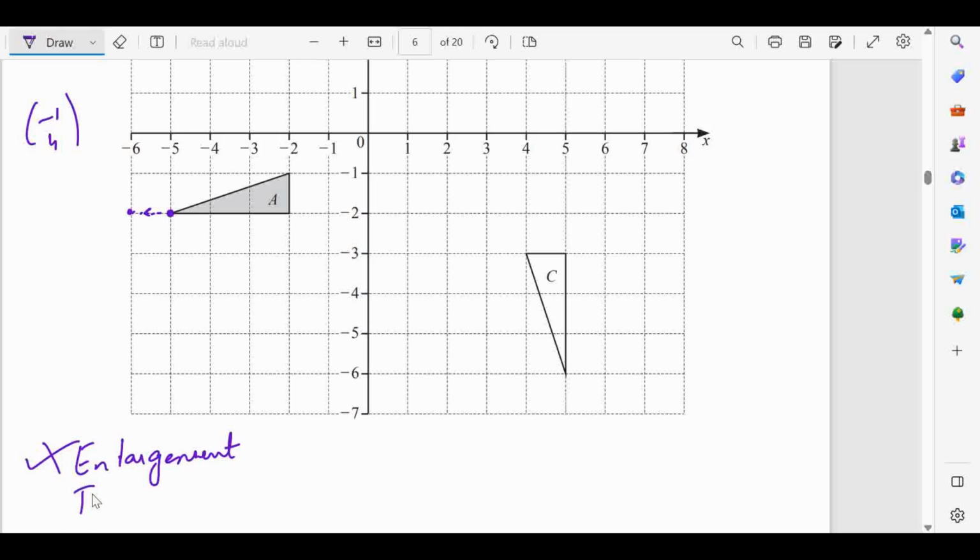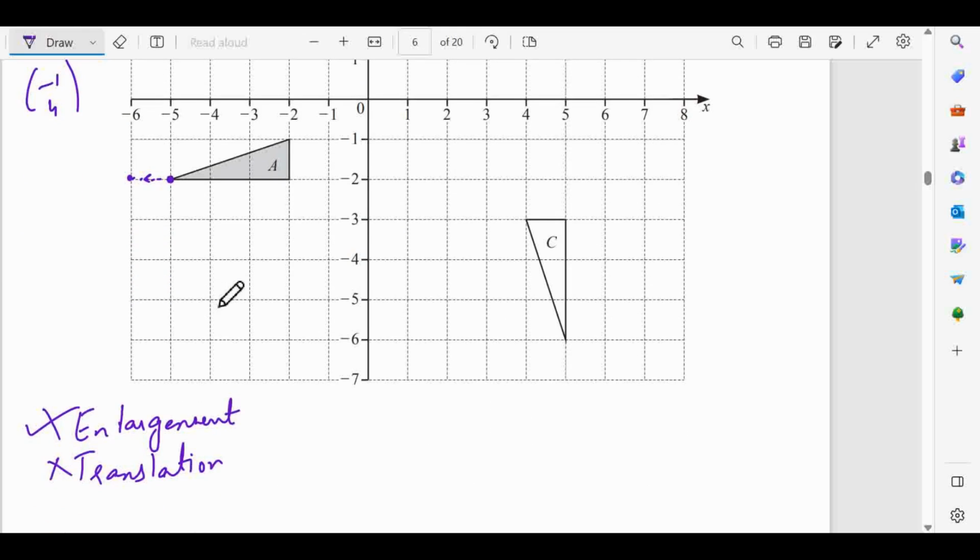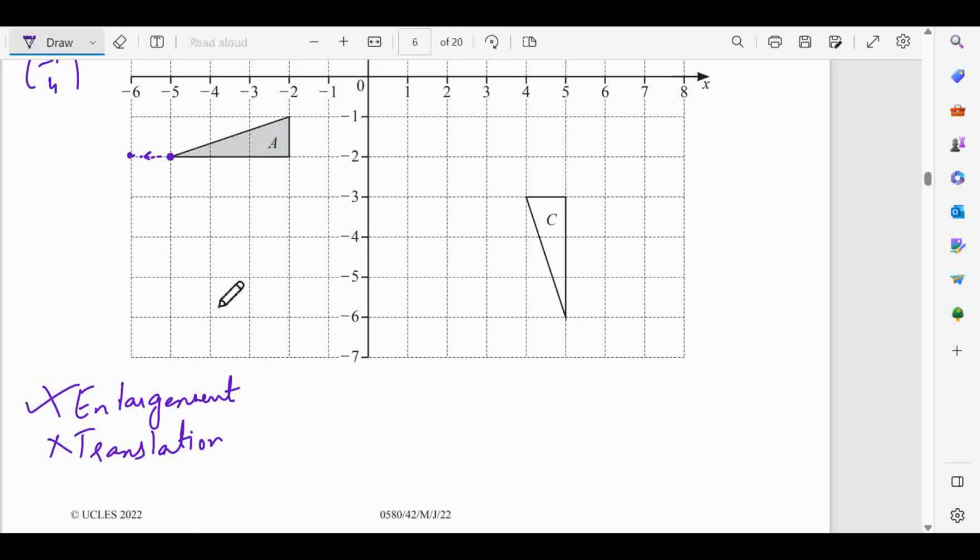The next one must be translation. We need to check whether this is the translation or not. It is not the translation because in translation the shapes will remain the same, with no change in the order. A and B are the best example of translation. So it is not the translation because image C is tilted.